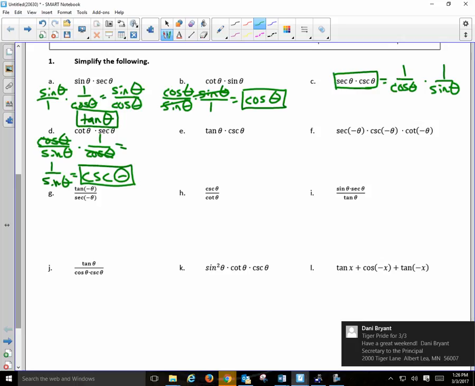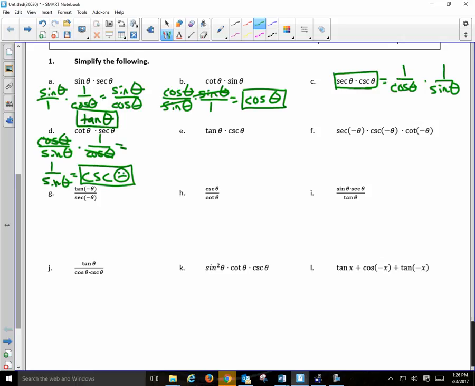There we go. All right. So tangent would be sine of theta over cosine of theta times 1 over sine of theta. What happens? And I get secant. Not too bad, huh?